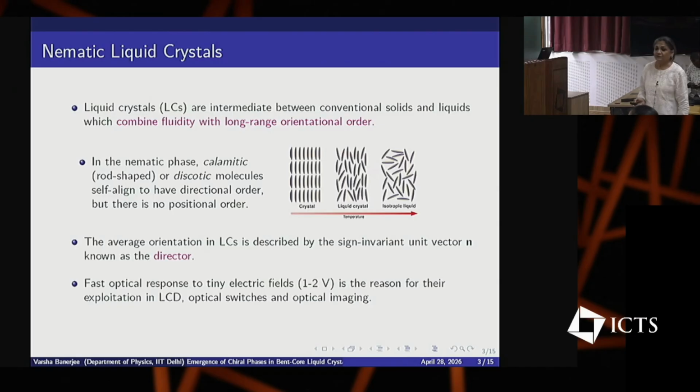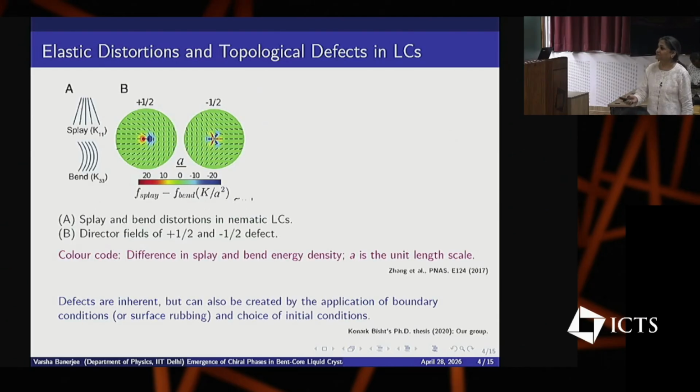That's the natural direction in which all the nematogens would like to align. And of course, we know that they have a very rapid optical response to even the tiniest of electric fields, and that's the reason why we exploit them in LCD optical switches, optical imaging, and so on and so forth.